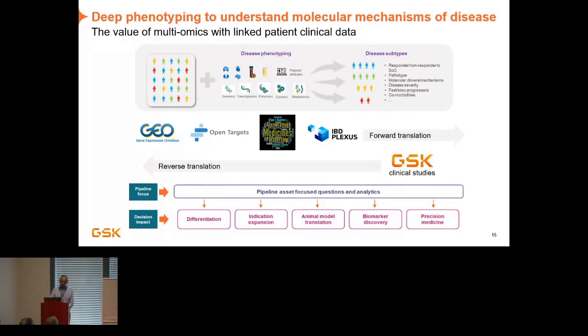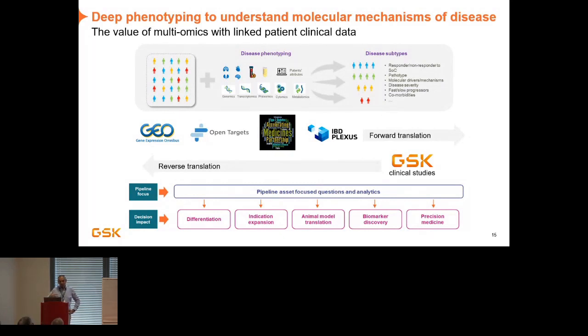So we have various partnerships where we generate the data, and we're using public domain resources as well. In the US, for example, there is AMP, the Accelerated Medicines Partnership, that started with the NIH and various companies and the FDA, generating that type of data. We use that to inform later stage projects, and that's what we call forward translation.